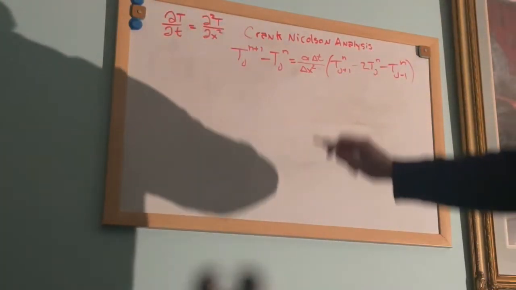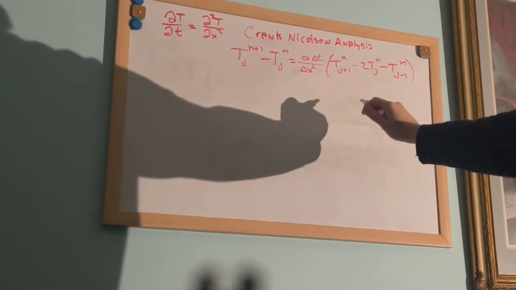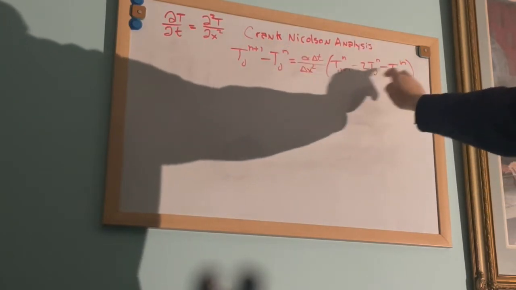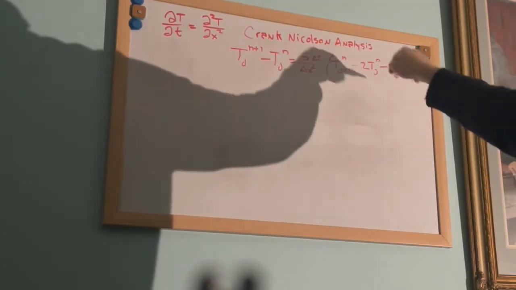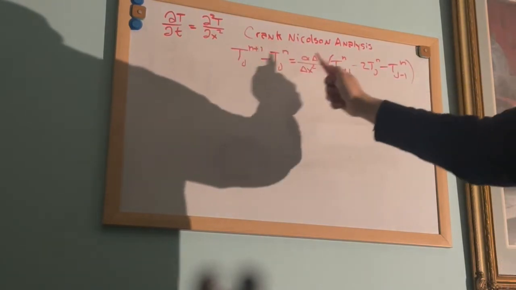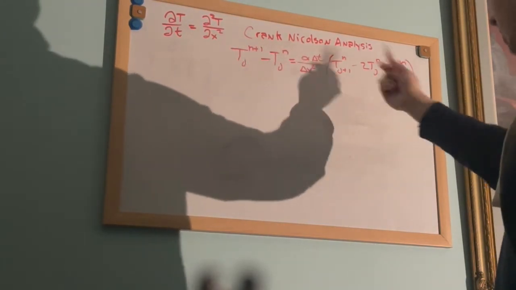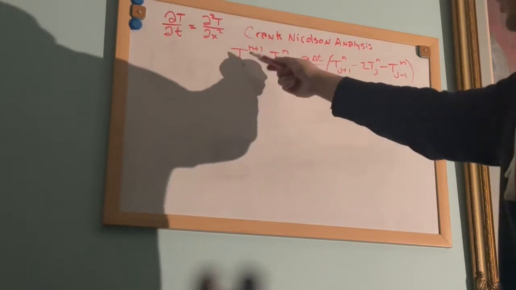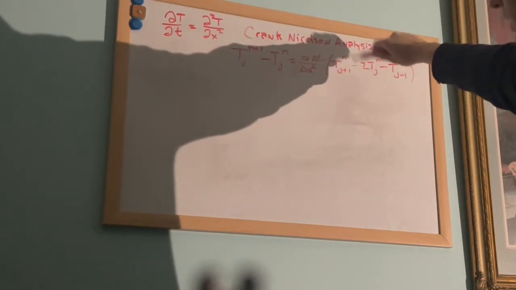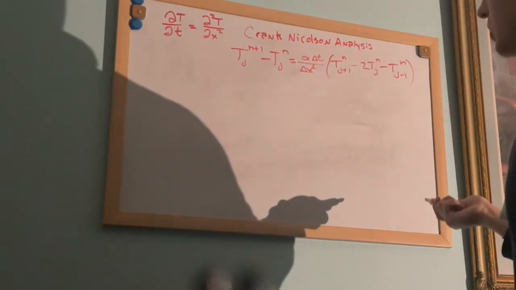So essentially what you do this time around is you still have this whole entire term, but you also add these Tj plus 1, j minus 1 terms with an n+1 on that side, and you divide that by 2.